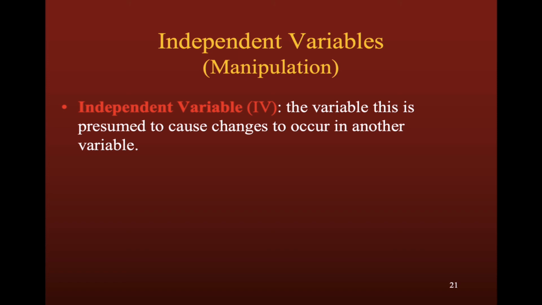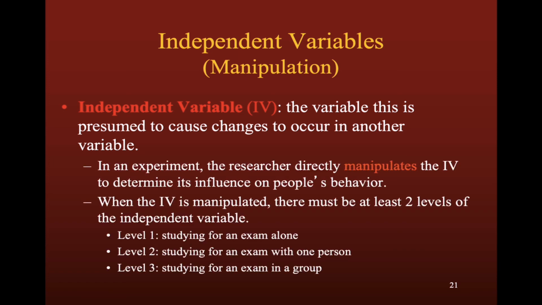So the independent variable is the causal variable, right? So for the example I have here, you could manipulate whether people are studying by themselves, studying with one other person, or studying in a group. Sort of manipulating who they're studying with to see if it has an effect on the dependent variable, right? So you want to see, does studying by yourself lead to better outcomes than studying with one person or studying in a group?